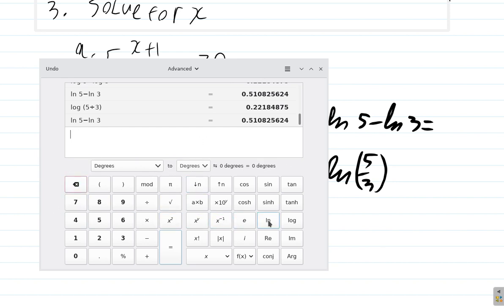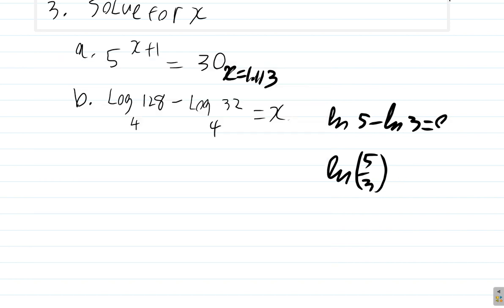What about ln, open bracket, 5 divided by 3, close bracket? It equals 0.5108. We get the same thing. So with a different base, it works out. It always works out.